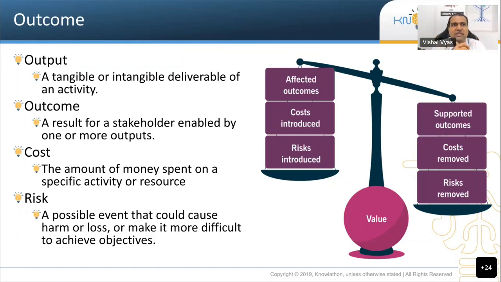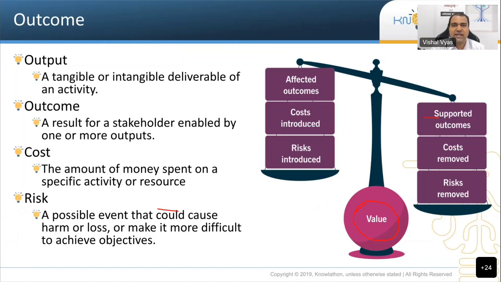Risk: a possible event that may negatively affect the outcome, making achievement of objective more difficult. So how do we connect all of this in one picture, in one scenario? So if value has to be achieved, the laundry service that you go for should support your outcome.